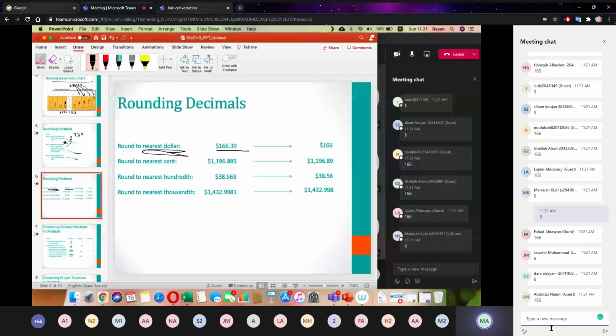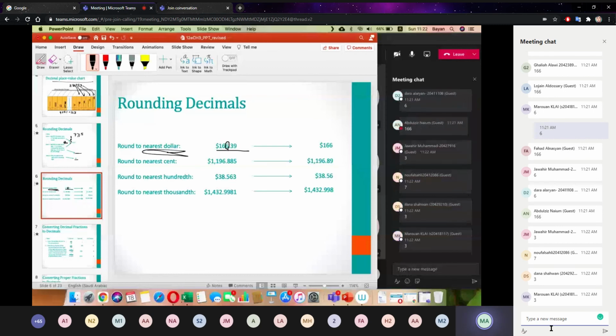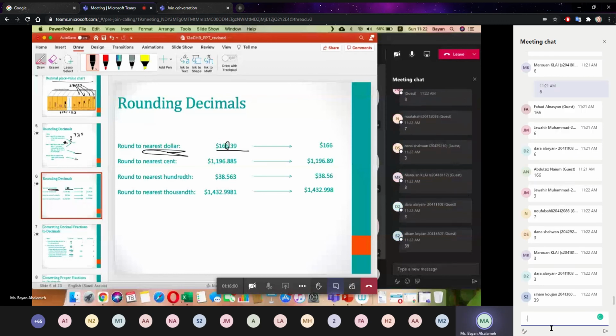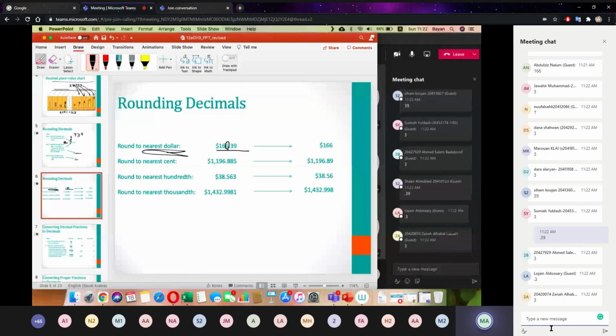Round your answer to the nearest dollar. What's the number after 6? 3. Is the 3 greater or equal to 5?